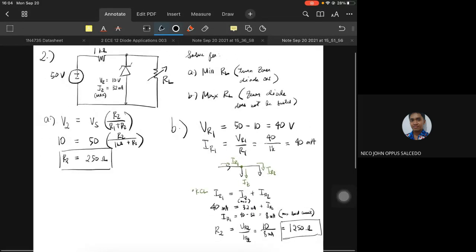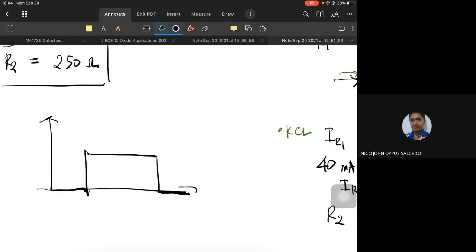Any questions? Meaning if we graph this one, before 250 ohms, 0 ang current na mag-flow.